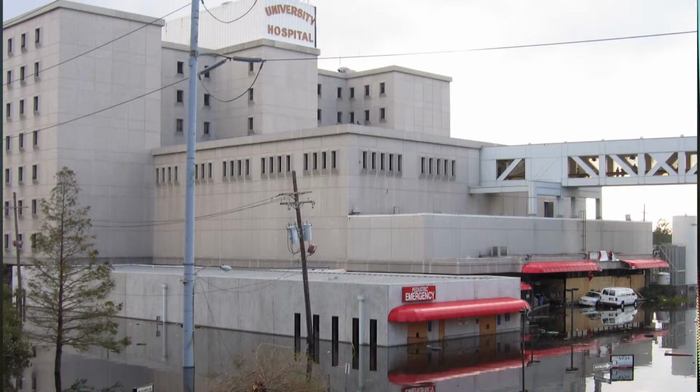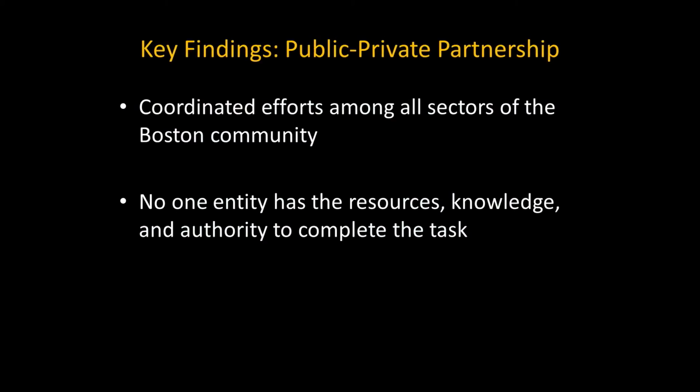I'll finish this presentation with one of our key findings from the Preparing for the Rising Tide in Boston report, that we need to coordinate adaptation planning among all sectors of the community, because no one group or organization has the resources, knowledge, and authority to complete the task alone.